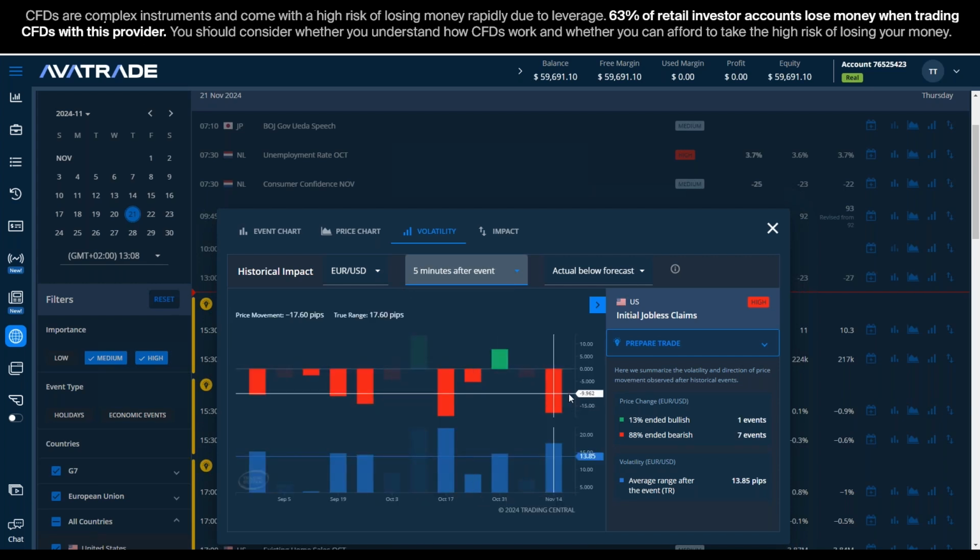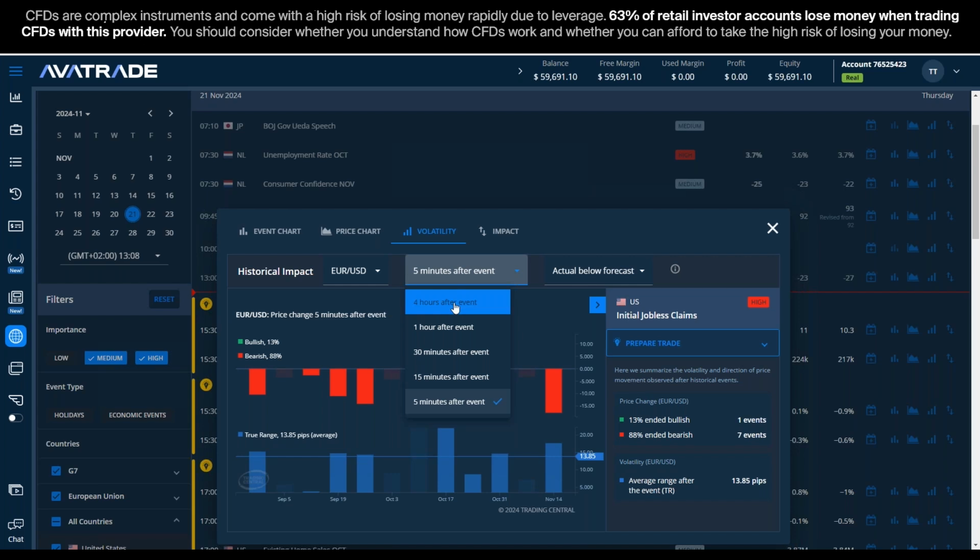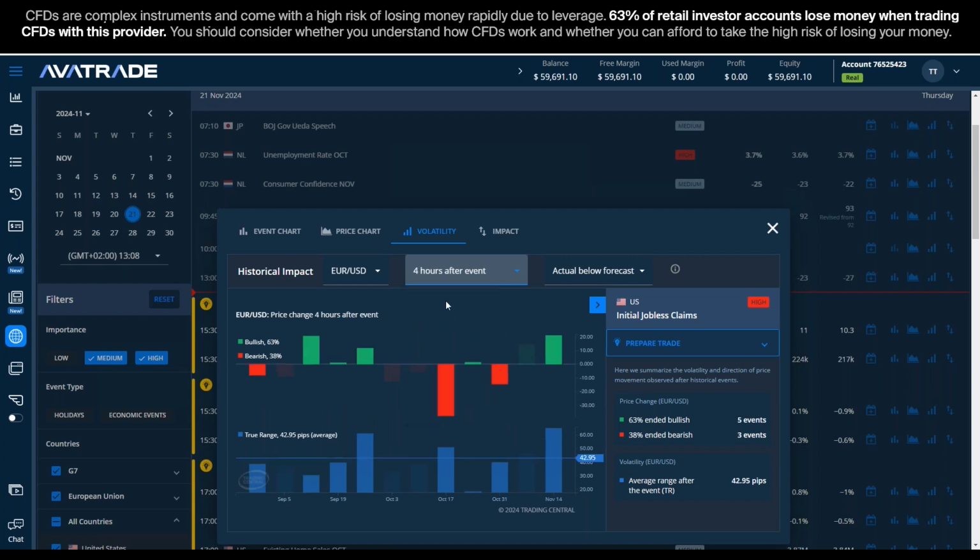Okay, so very interesting to analyze the data on the initial jobless claims. It seems in the first 5 minutes, the first move has been false the majority of the time, and the real movement that would occur over the following hours occurred in the opposite direction the majority of the time.